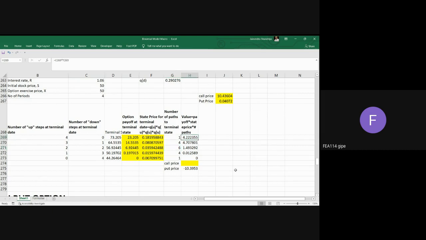As you can see, this is the state price into path. What is happening is the value payoff is state price into number of paths and into the state price.